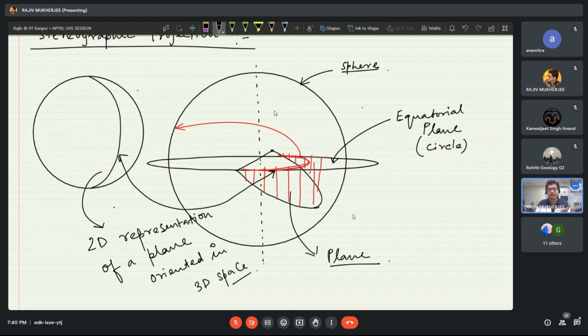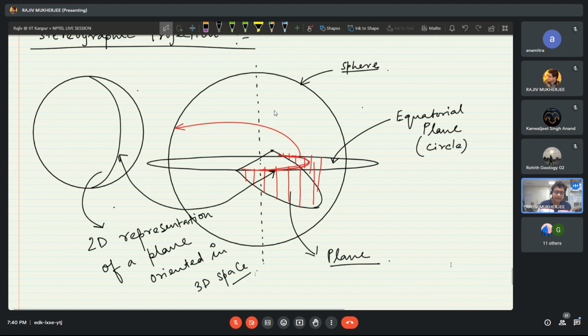Simply think of it like this: two planes are intersecting. One is a horizontal plane and the other is any kind of inclined plane. It is the representation of the inclined plane, which we are projecting on the equatorial plane, and the equatorial plane is a horizontal plane, right?